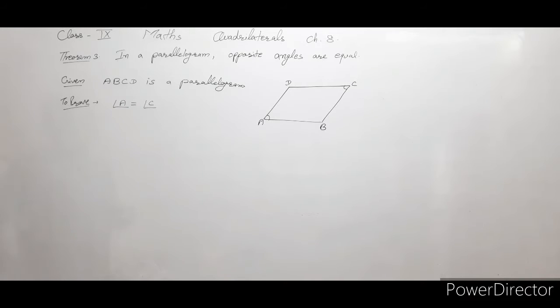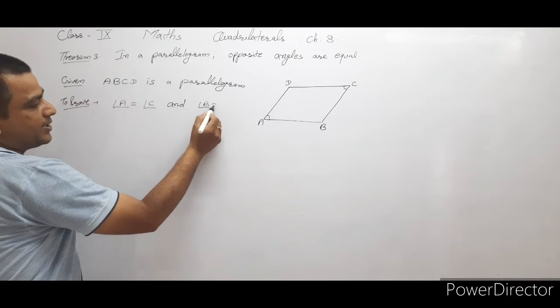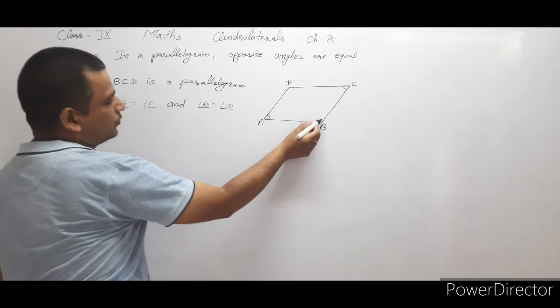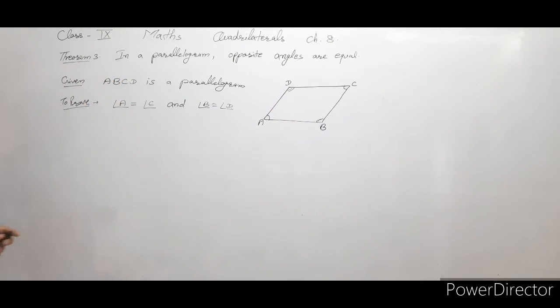Angle A equals angle C and angle B equals angle D. We have to prove that angle A equals angle C and angle B equals angle D.